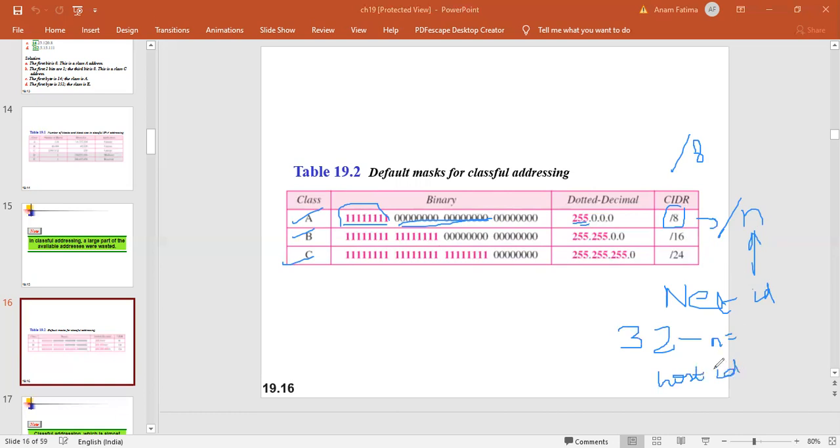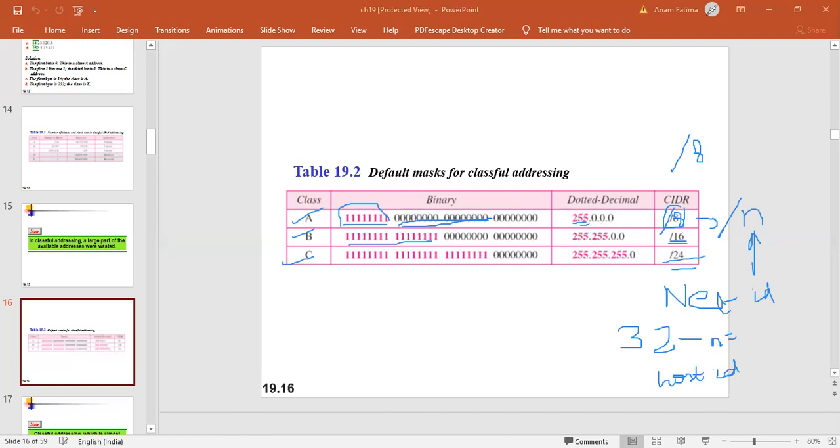Since class A has its first octet, the first 8 bits, to represent the network ID, we represent it as /8. In case of class B, you have 16 bits for your network ID, so /16, and for class C, you have 3 octets, that makes 24 bits, which represent your network ID part.